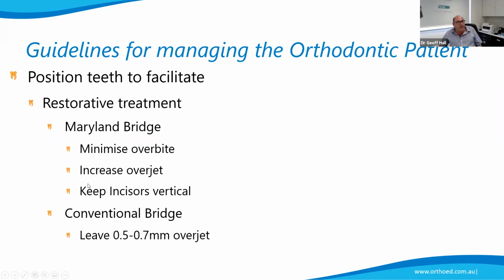On a Maryland bridge, you actually want to make sure you keep these incisors vertical and we minimise the overbite. You want the least amount of lateral excursions on that Maryland bridge. So we've got to look at managing this patient differently depending on what our restorative requirements are.